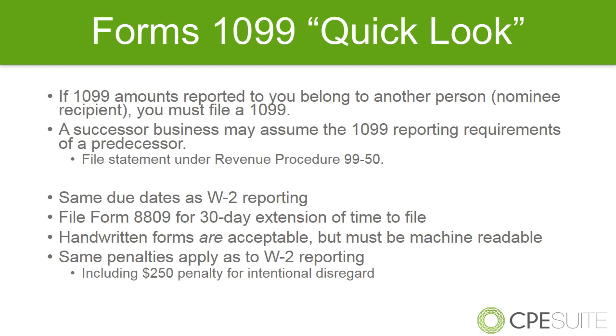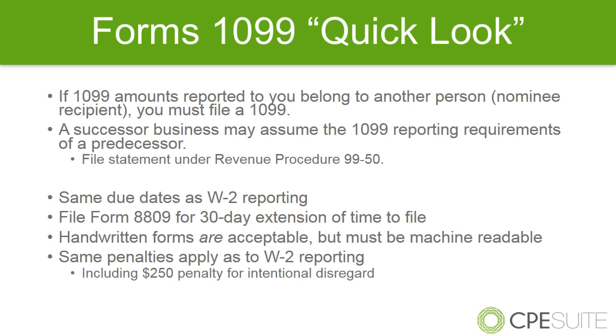The IRS requires you to file a 1099 of your own, reporting the 1099 amounts to the proper person. If you fail to do this, then the IRS is going to expect that you include in your own income the amounts that are reported on the 1099 to you.